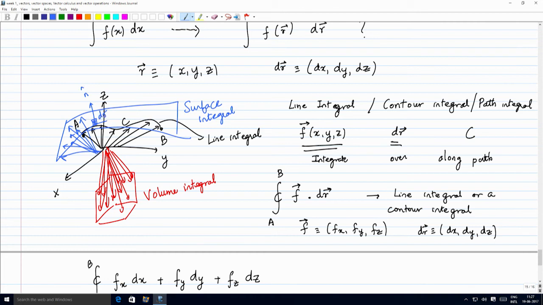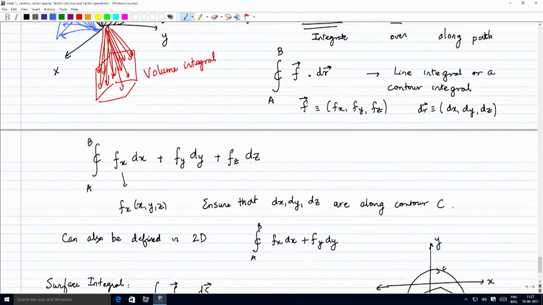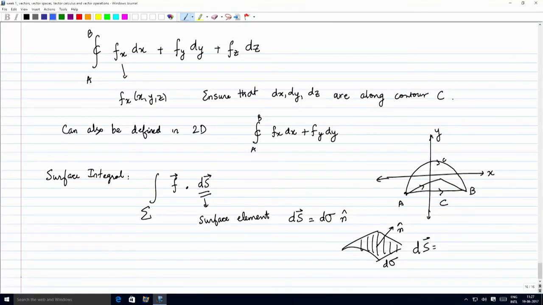That is the differential surface element, and so your ds is nothing but d sigma times n, where n is the normal to the surface at that point. So, your surface integral is defined in this way. This d sigma, if you are in 2 dimensions, can be represented in terms of dx and dy, and you can usually calculate this surface integral. Again you will see some of these when you are dealing with quantum mechanics.